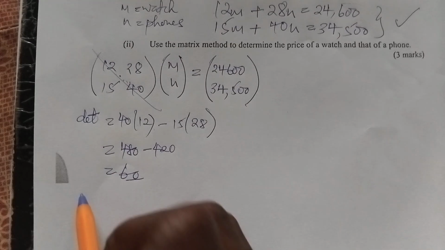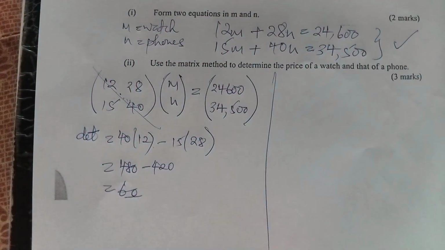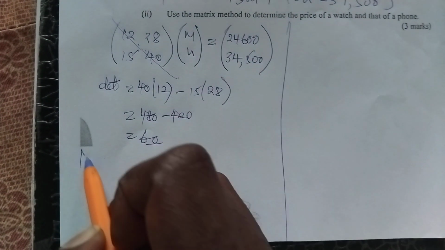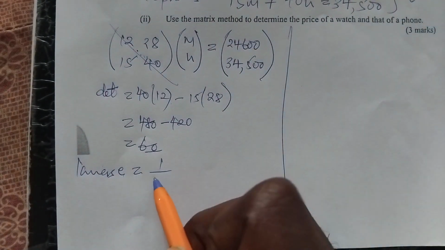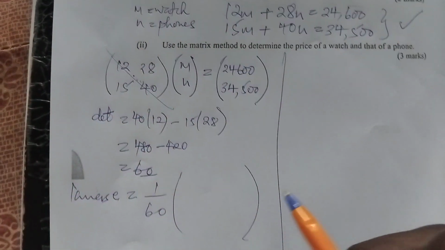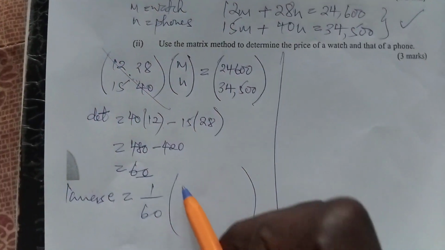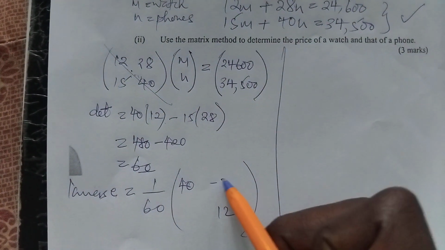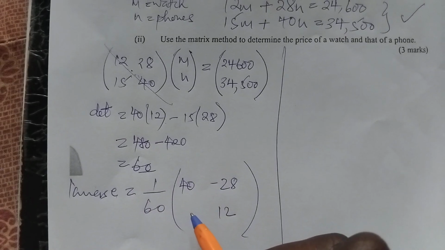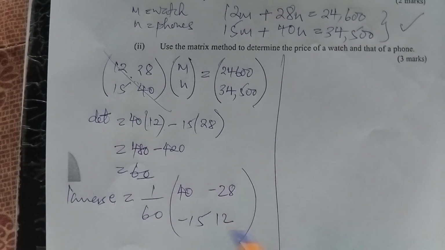So we get the inverse. For the inverse, it is 1 over determinant, then multiply by this one, main diagonal interchanges. So you have 40, 12, the others become negative, multiplied by negative 1: negative 28, negative 15.